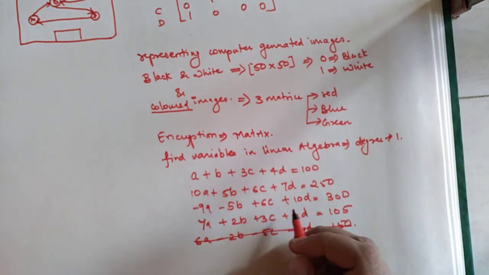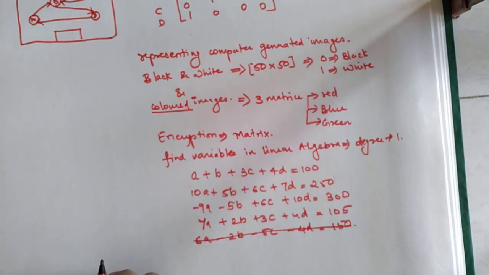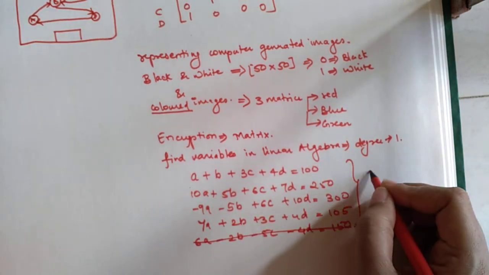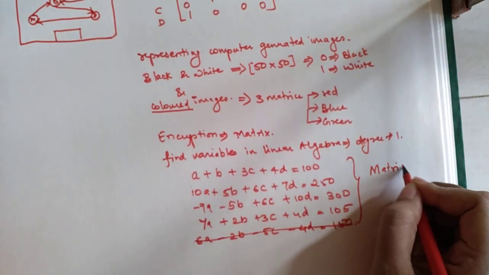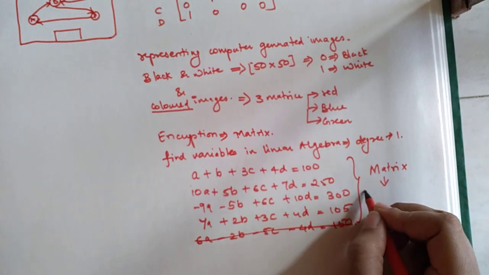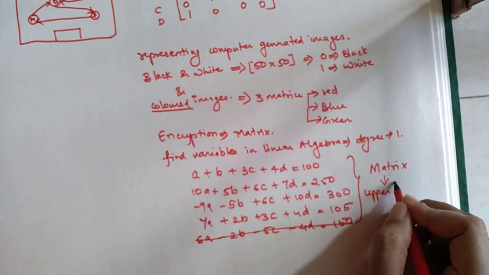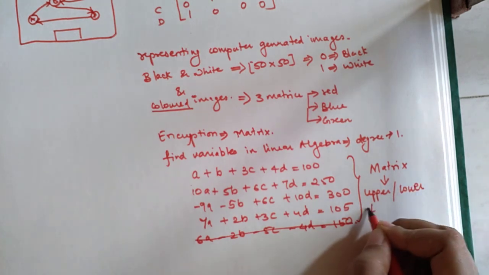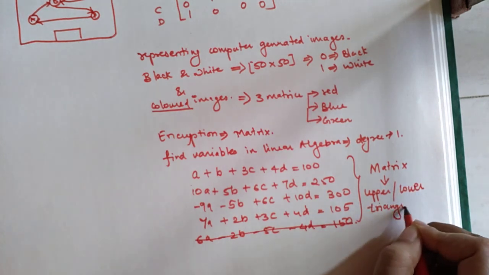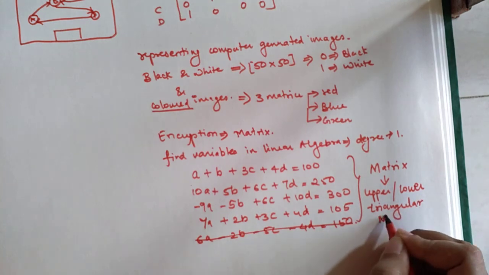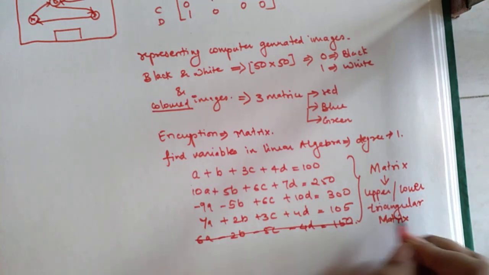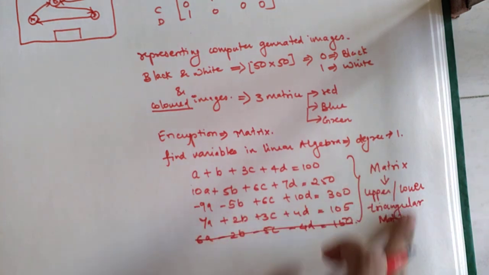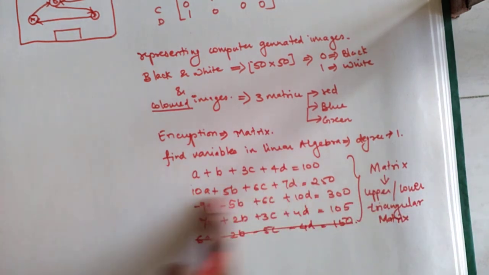So what do you need? You can take the help of a matrix, and in that also you can use an upper or lower triangular matrix to find these values, because this is one of the easiest methods in which you can find all these variables.